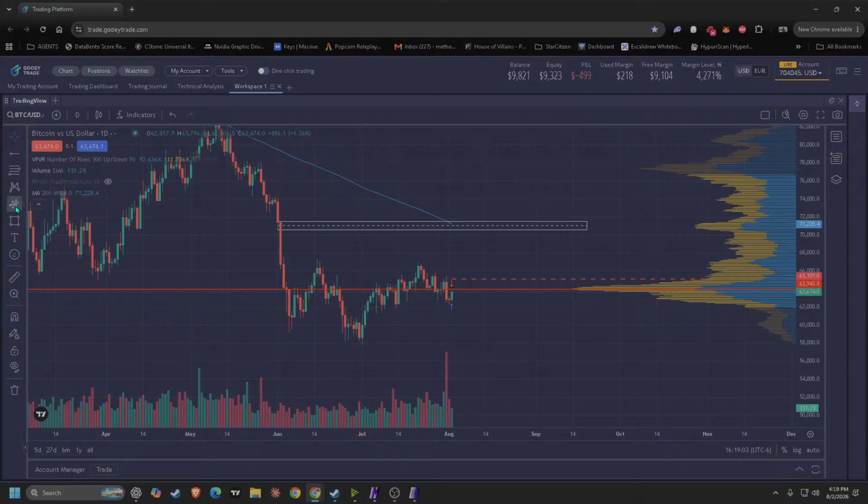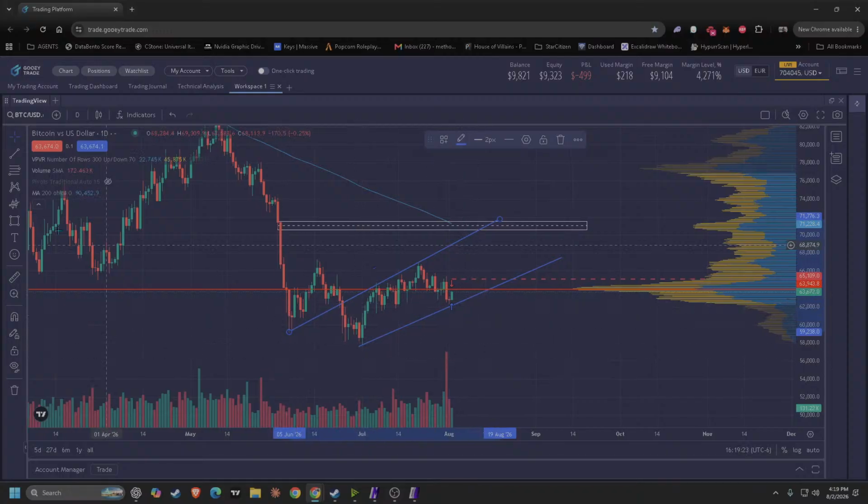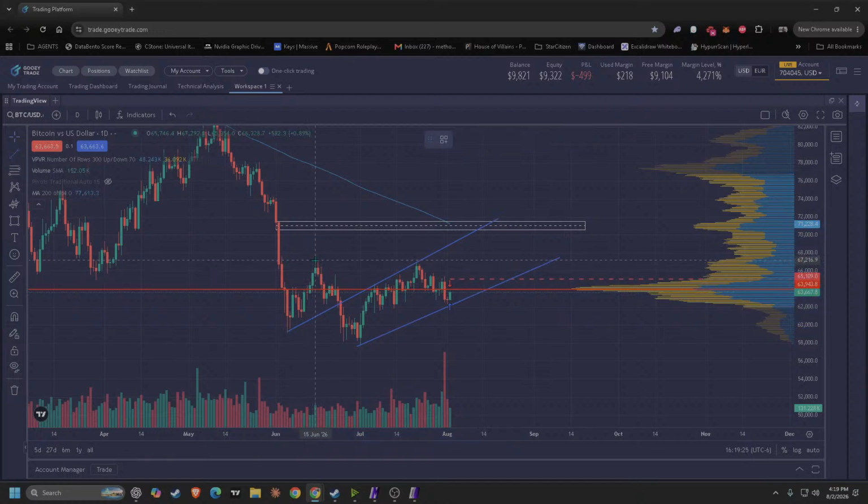We also have a channel happening here, and have a lower high to this, like, we'll have that right there. It's about an equal high.